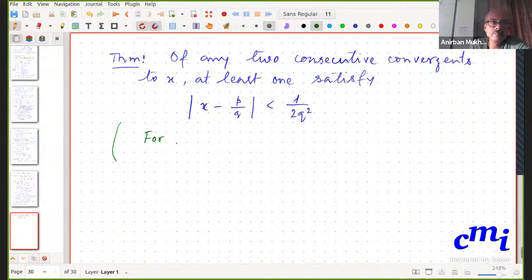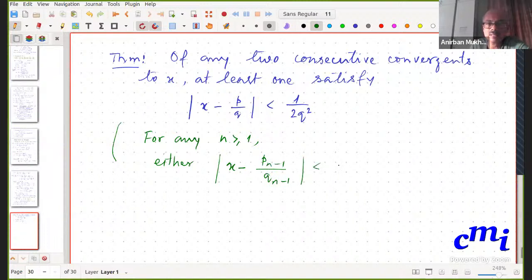For any n greater than or equal to 1, either x minus Pn minus 1 by Qn minus 1, the n minus 1th convergent, is less than 1 over 2Qn minus 1 square, or x minus Pn by Qn is less than 1 over 2Qn square.